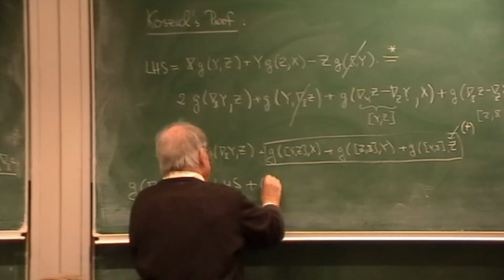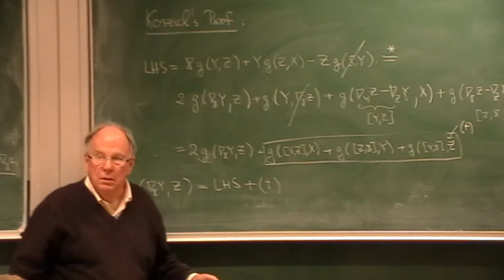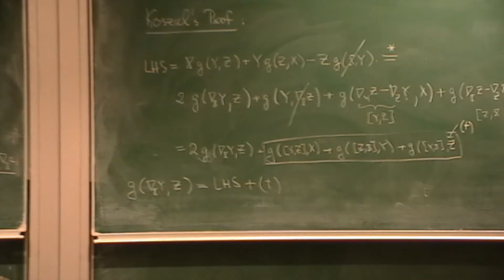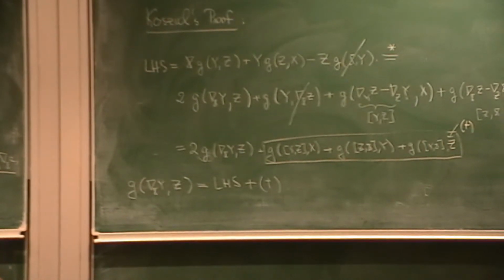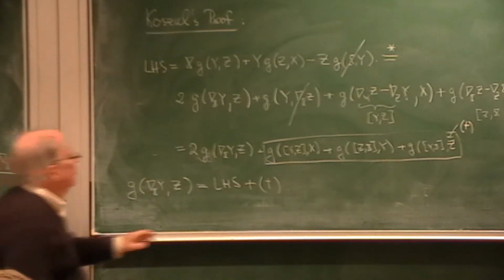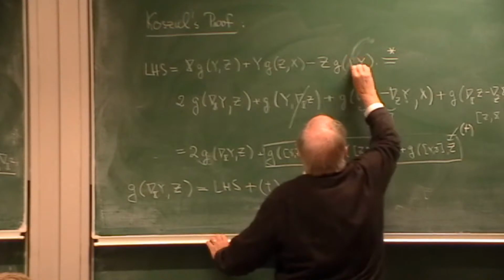Plus dagger. So with a little help from my friends here, you have G of nabla x, y, z is equal to the left-hand side. You see it up there, right?